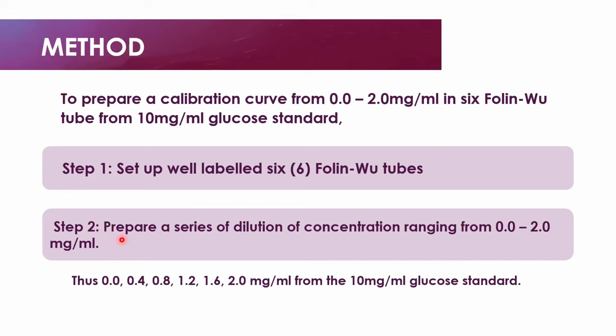The next thing to do is to prepare a series of dilutions of concentration ranging from 0.0 to 2.0 milligrams per ml from our glucose standard. As you can see over here, the concentrations that we are going to prepare to plot the calibration curve are 0.0 milligrams per ml, 0.4, 0.8, 1.2, 1.6 and 2.0 milligrams per ml from the 10 milligrams per ml glucose standard.